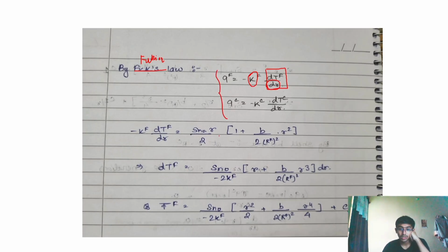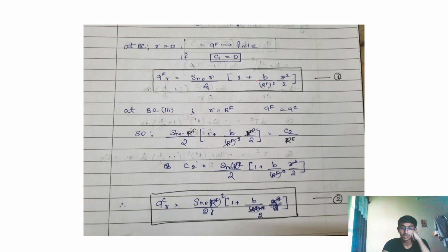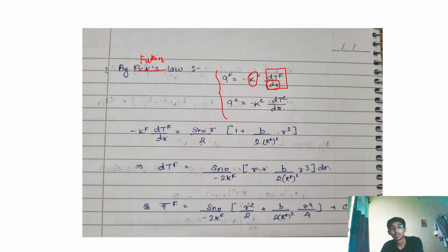If we put q_F into equation 1 and apply Fourier's law here, we can find d T_F by d r, and by that function we can derive T_F. What will be T_F? T_F will be minus S naught over 2 k_F times (r squared by 2 plus beta r_F squared r to the power 4 by 8) plus C3.